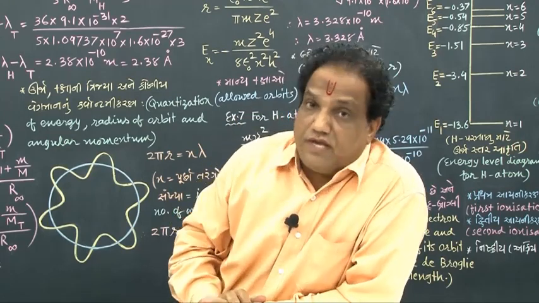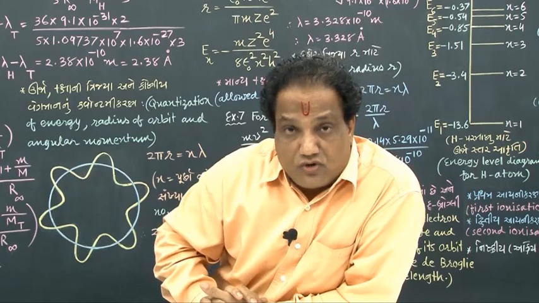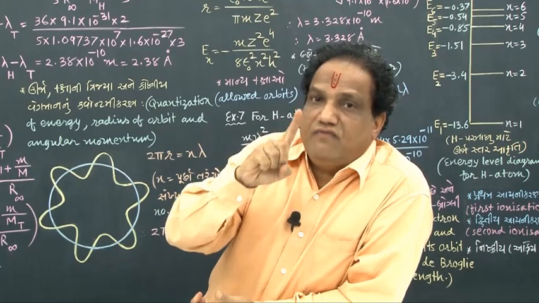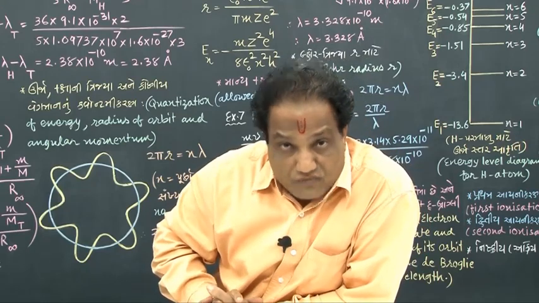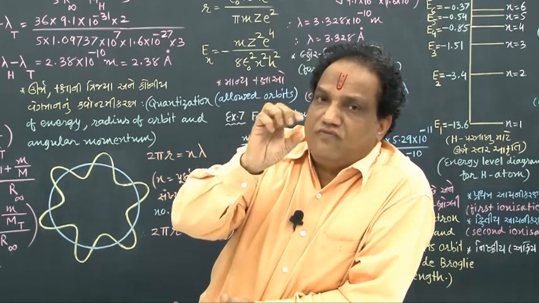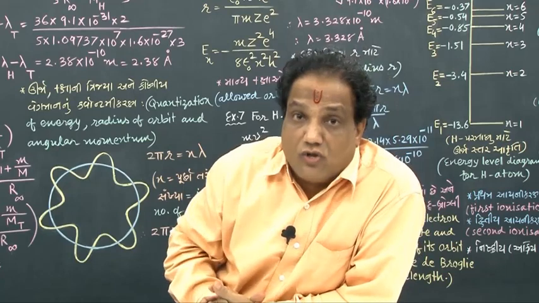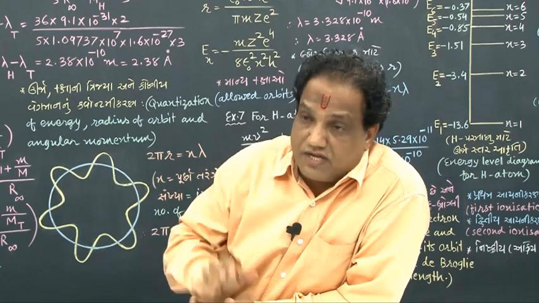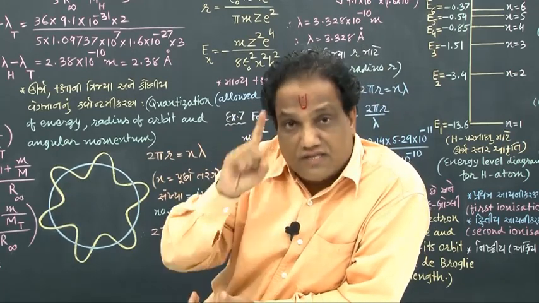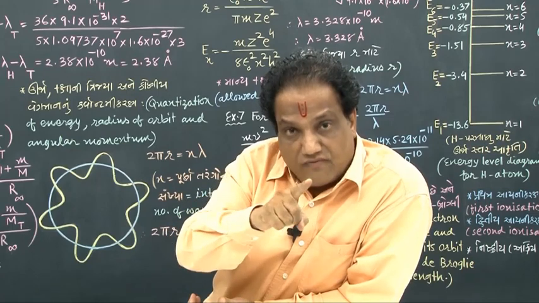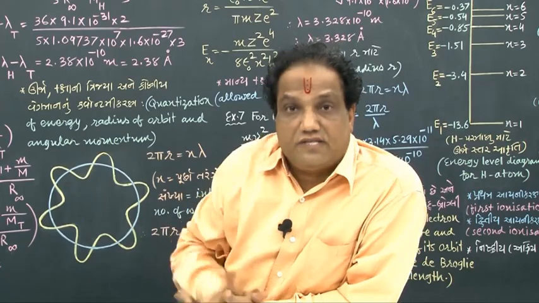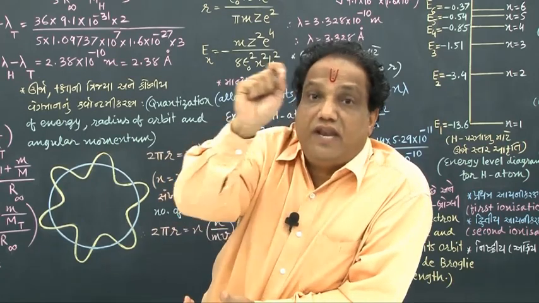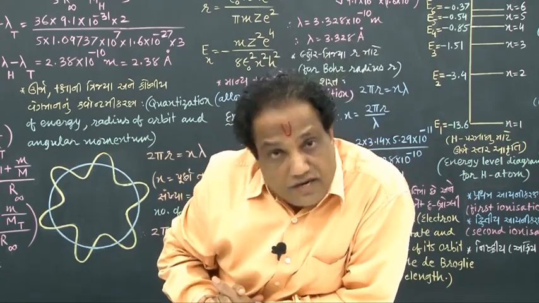Mr. Bohr, in his Bohr's atomic model, made the first postulate, the first assumption: out of the innumerable number of circular orbits that we may consider around the nucleus, he said the electron can revolve only in those circular orbits where the electron has angular momentum equal to nh upon 2 pi, correct?